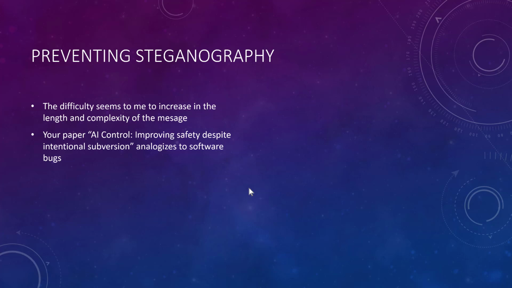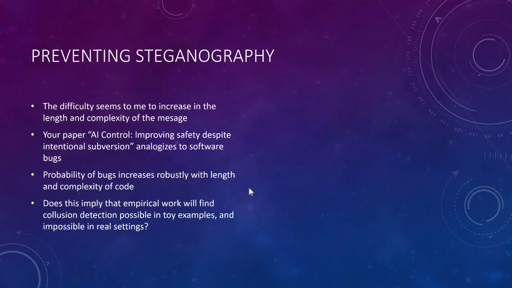But you have a paper called AI Control: Improving Safety Despite Intentional Subversion, which uses software bugs as an analogy to this steganography, with trying to put in secret messages and just to detect this. And it seems like obviously it's well known that the probability of bugs in some computer code increases depending on how long the code is and how complex it is.